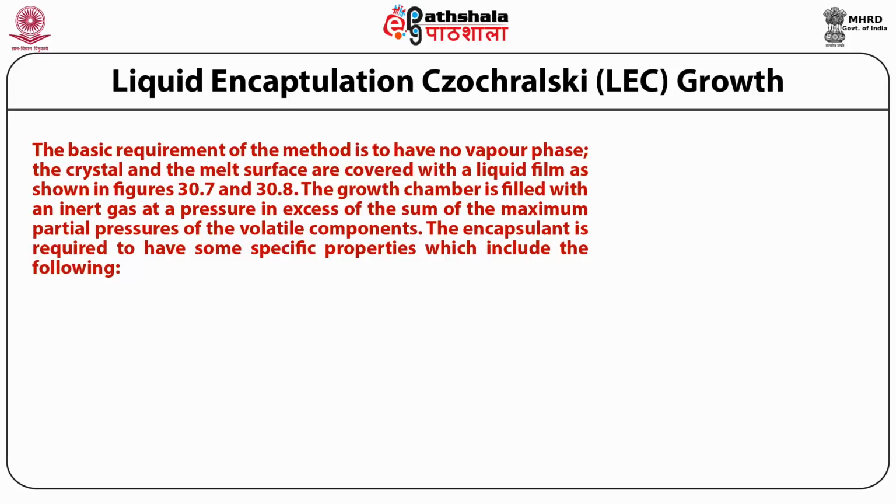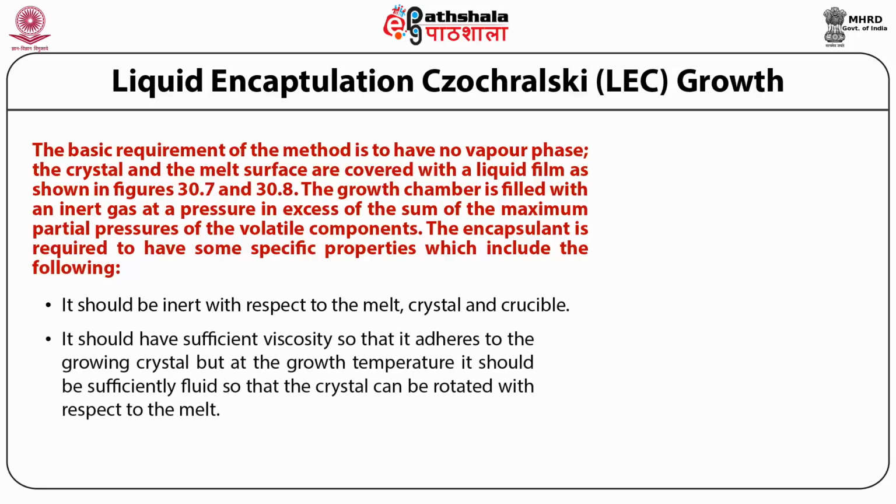The encapsulant is required to have some specific properties which include the following. A. It should be inert with respect to the melt, crystal, and crucible. B. It should have sufficient viscosity so that it adheres to the growing crystal, but at the growth temperature, it should be sufficiently fluid so that the crystal can be rotated with respect to the melt.